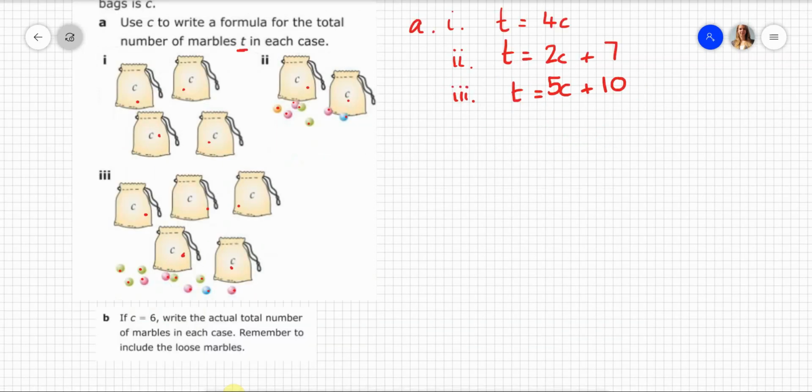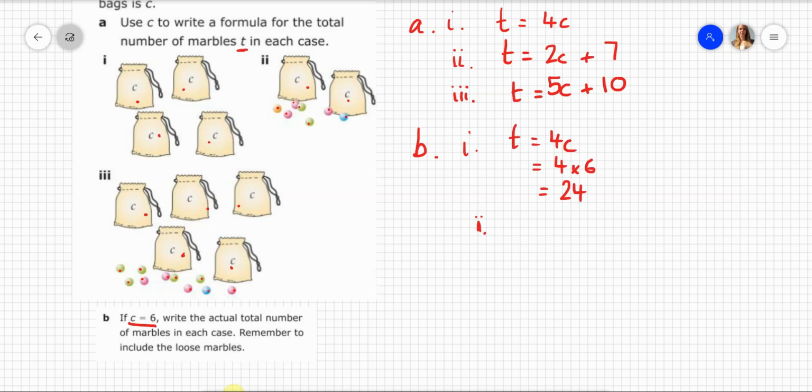And let's do part B. So for part B, we need to work out the actual total if C equals 6. So for part 1 of B, we've got T equals 4C, but we've been told C equals 6, so it's 4 times 6, which is 24.